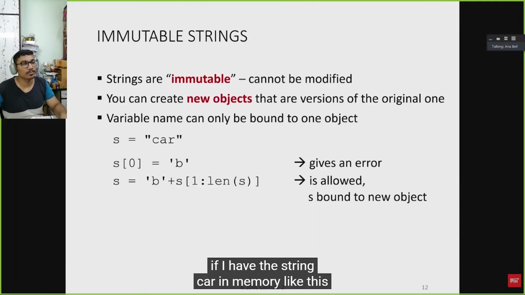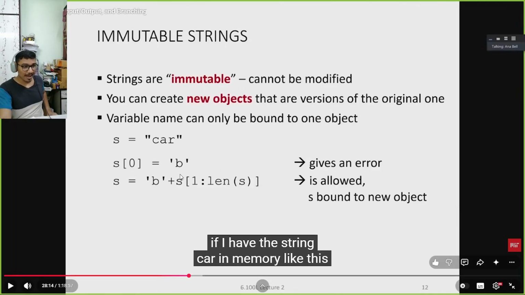So s[0] gives an error. s equals b plus... since Python evaluates the commands from right to left, the s that we see over here is this s.